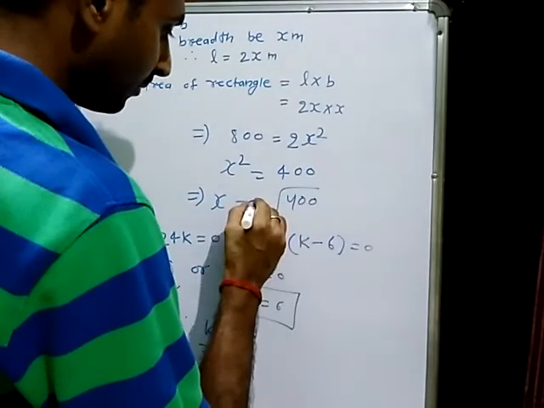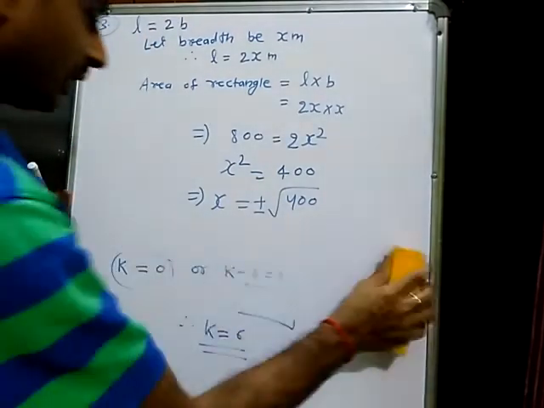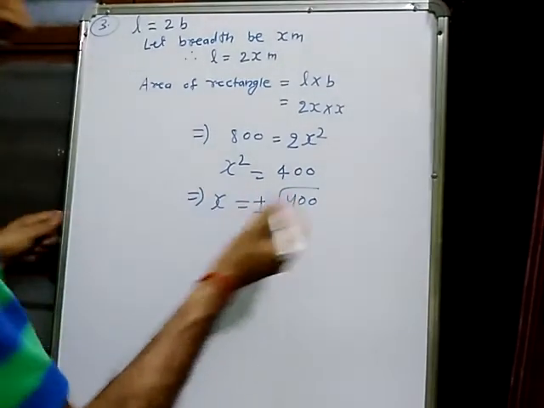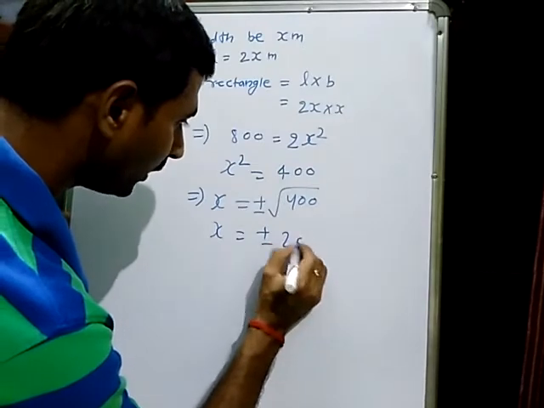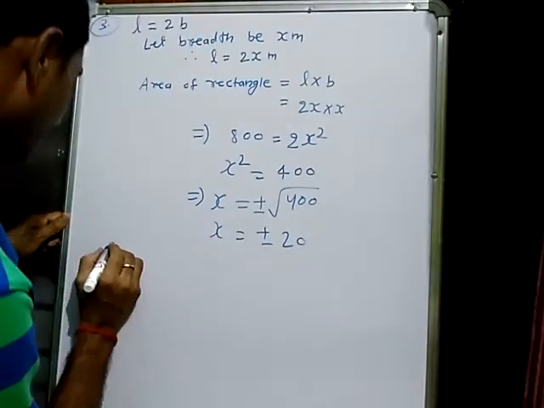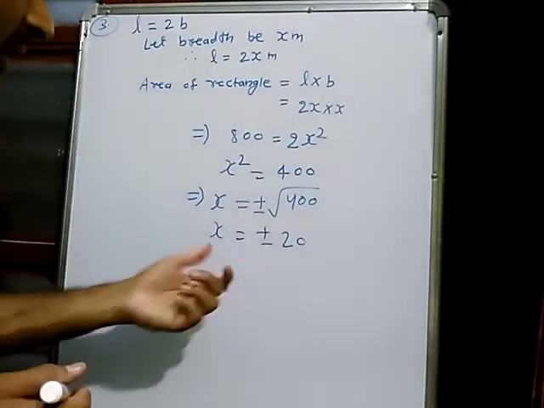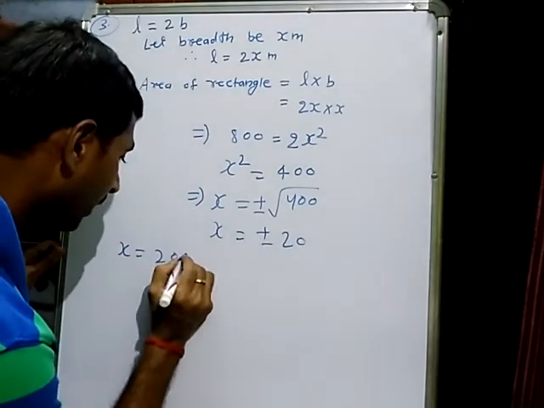स्क्वायर रूट ऑफ 400, जब भी हम स्क्वायर रूट टेक करते हैं प्लस माइनस साइन के साथ आंसर मिलता है, मीन्स यू कैन टेक टू पॉसिबल वैल्यू. तो ये तो डायरेक्ट सॉल्व हो जाएगा, you can solve it directly also. x is equal to plus minus 20, means x may be 20 meter, x may be minus 20 meter, but length and breadth की बात है तो ये क्या होना चाहिए, प्लस. So therefore x is equal to 20 meter.